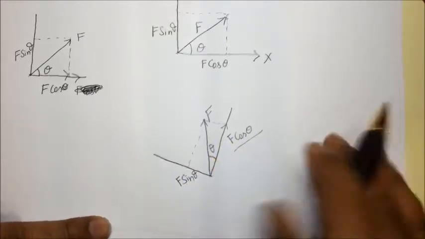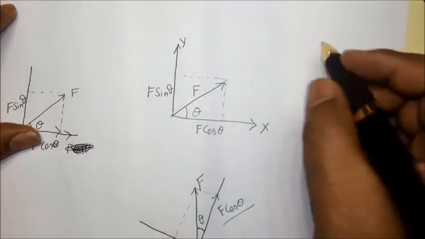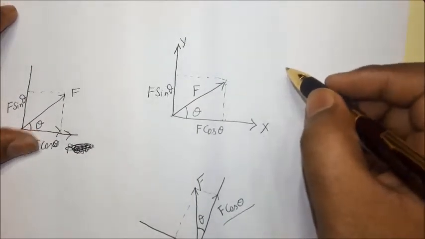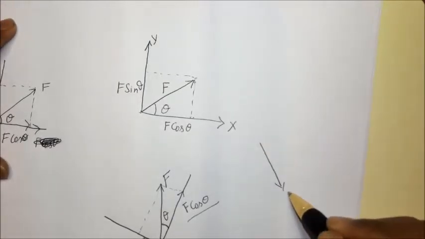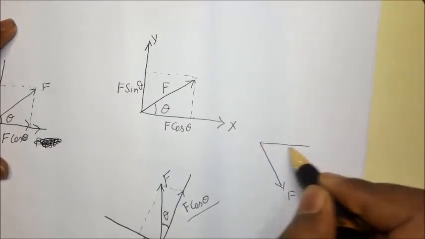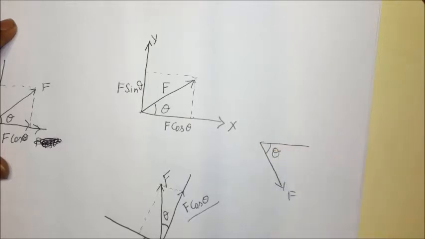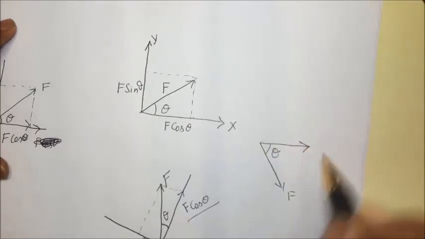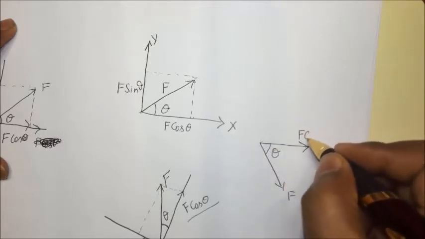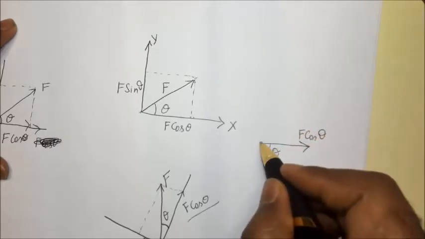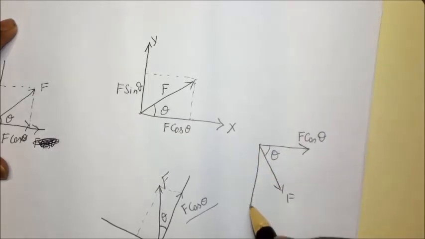I can change this. Suppose my F is this way. If this is theta, how much is this component? It is directly connected to theta, so it is going to be F cosine theta, and the other component is going to be F sine theta.